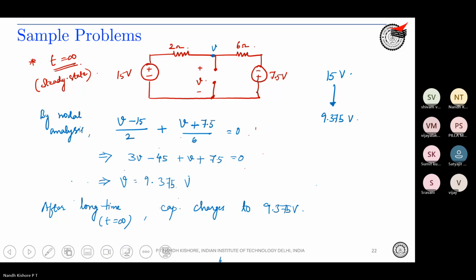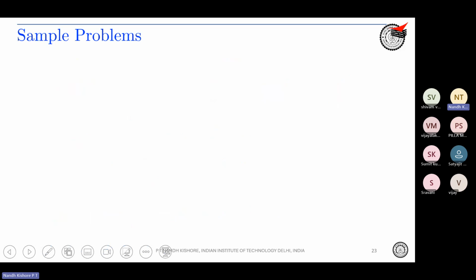So now we can try to understand what is happening with the capacitor. Initially it was 15 volts, and after that the capacitor voltage gets maintained at 9.375 volts. So what will be the output voltage of the capacitor if I have to directly write?